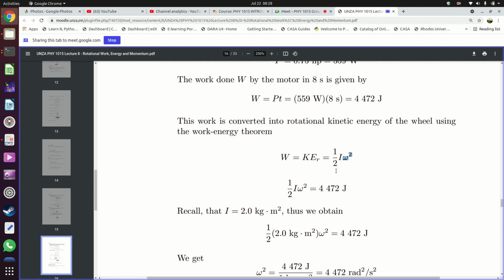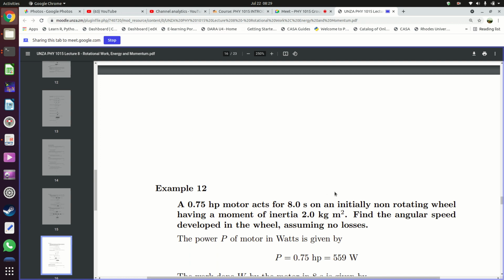So half I omega squared is equal to 4,472 joules.